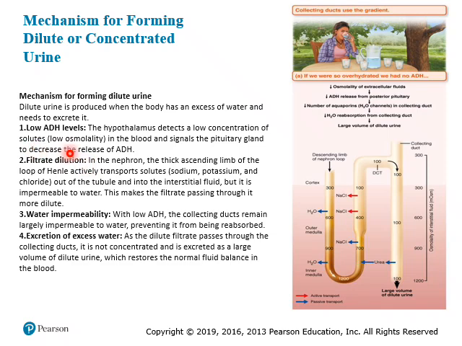At low ADH level, the hypothalamus detects a low concentration of solutes, which means low osmolality in the blood, and signals the pituitary gland to decrease the release of ADH.